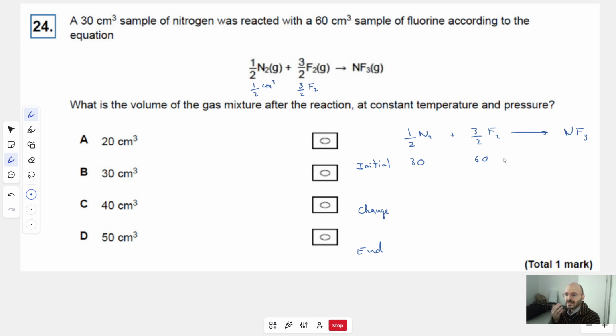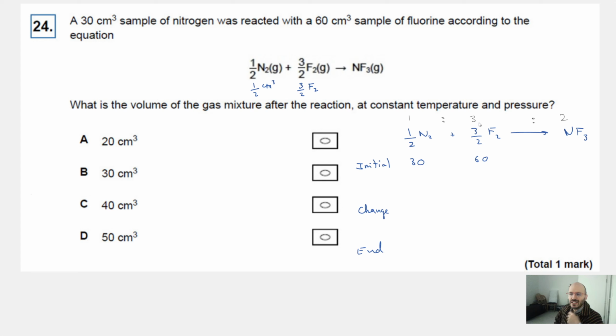Now the thing is that, as you can see, this ratio, if you want in whole numbers, if you multiply everything by 2, is a 1 to 3 to 2 ratio, yeah? You could say a half to 1.5 to 1 ratio. It's the same thing. Okay, so you can see that these numbers 30 and 60 are not in the ratio 1 to 3. And when that happens, that means that there is one reactant in excess.